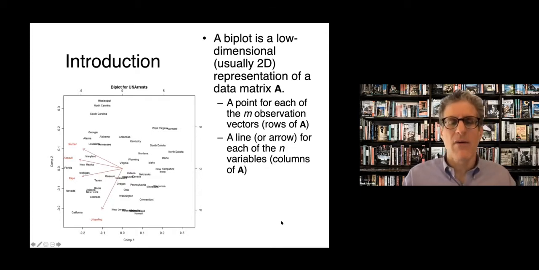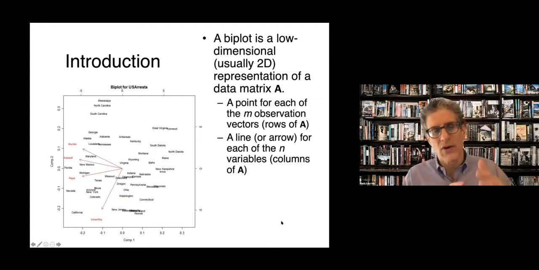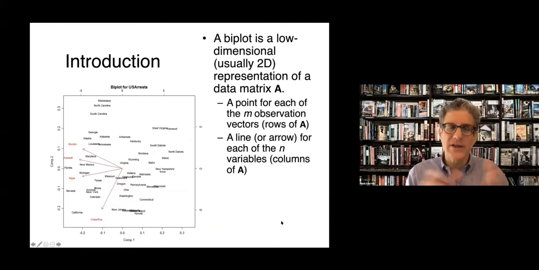Now we can correlate each state with each state to see how all the states are related to each other, or we can correlate each of the crimes over all the states with each other to see how the crimes relate. So there's two different kinds of similarities we can compute, whether we're looking at rows or columns.